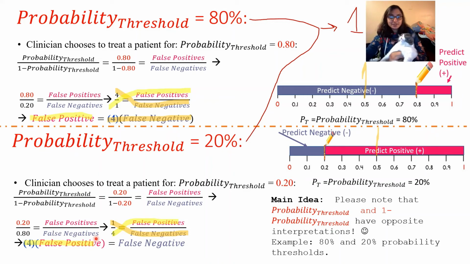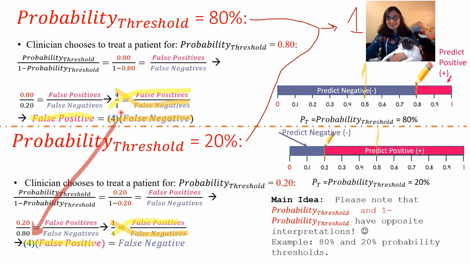So it's a flipped interpretation, where here the 4 is on this side, making a false positive 4 times worse than a false negative, whereas here the 4 moves over to the other side, and instead a false negative is 4 times worse than a false positive. The way that we analyze a false negative and a false positive is the opposite here, where one is 4 times worse than the other based on this threshold. It's just a matter of which one is 4 times worse than the other.